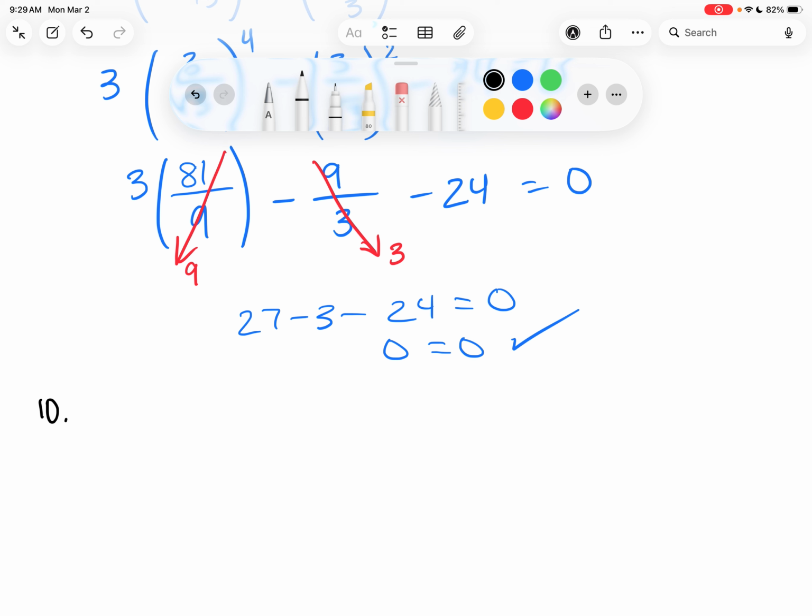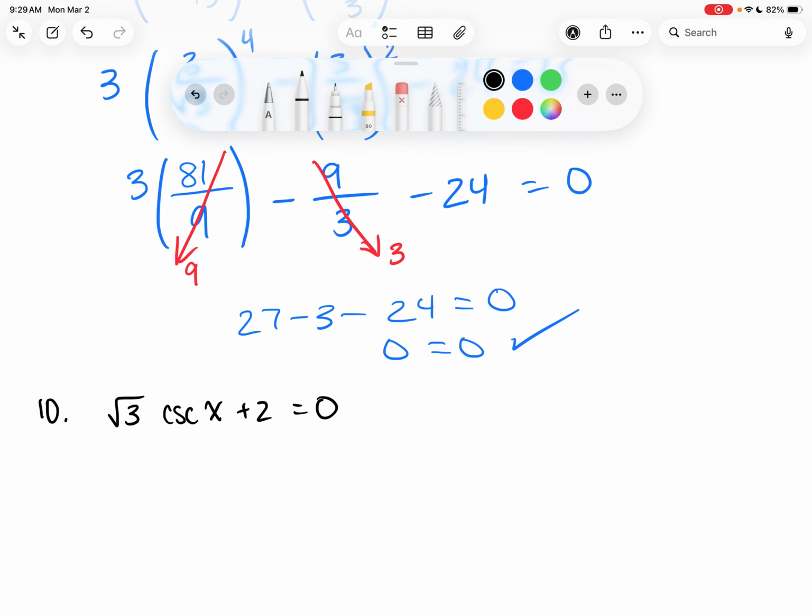Number 10, find the general solution of the equation. We've got the square root of 3 times the cosecant of x plus 2 equals 0. You're probably going to want to have your unit circle handy as we get through these.